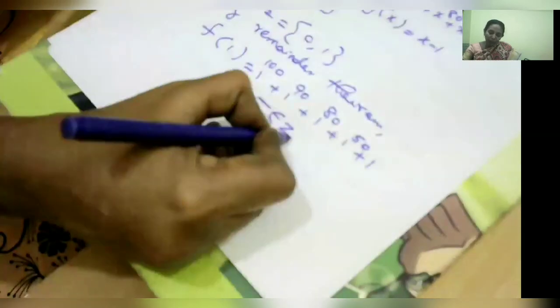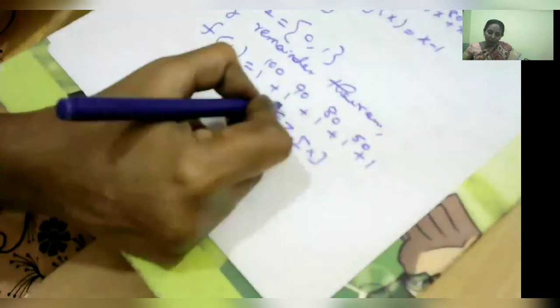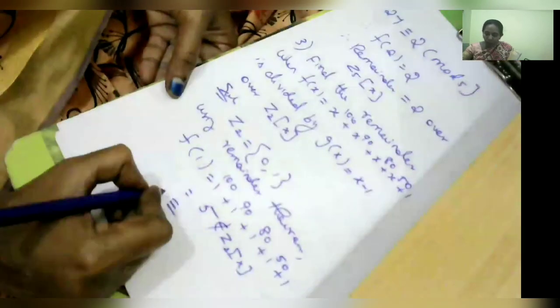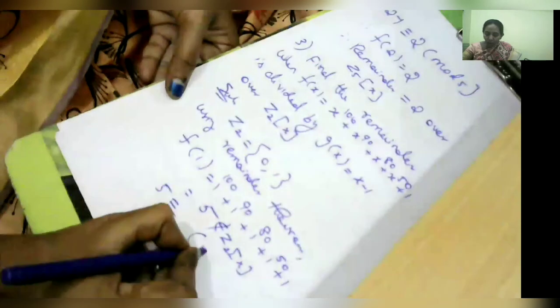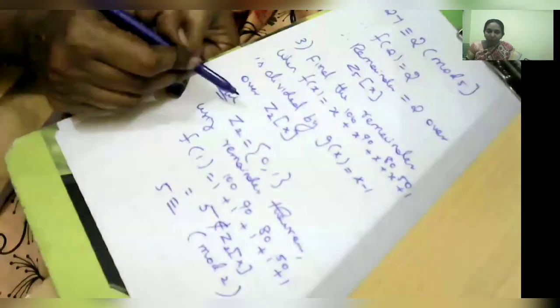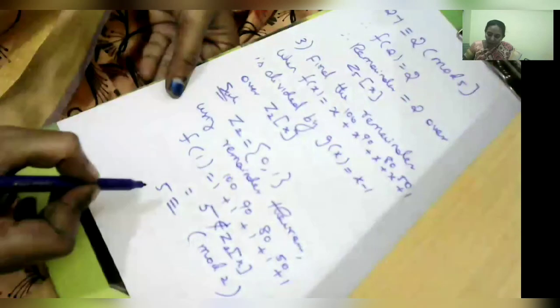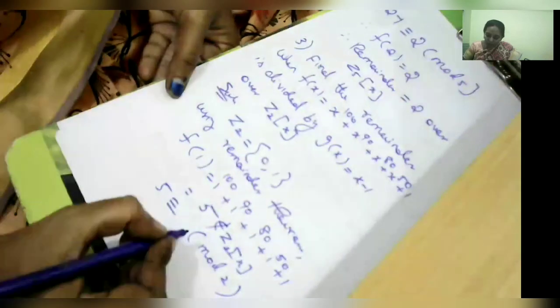Now check whether 5 belongs to Z2 or not. 5 does not belong to Z2 of x. So rewrite 5: 5 is congruent mod 2, because our field is Z2.